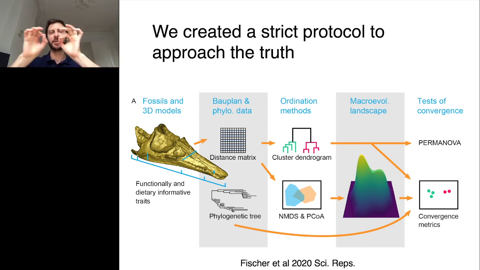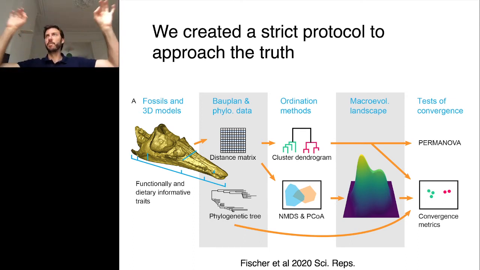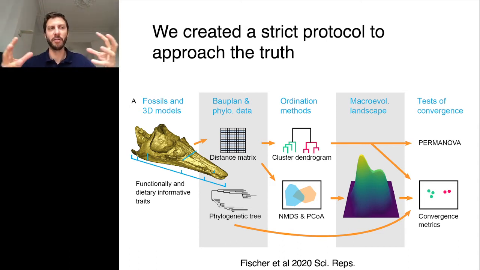So if some animals are close to one another, it means they're similar. And if two animals, 2 points, are far away from one another, it would mean they are very different. They have a very different shape. Then we've been using these data to try to recreate what we call the macroevolutionary landscape. We'll talk about this afterwards.